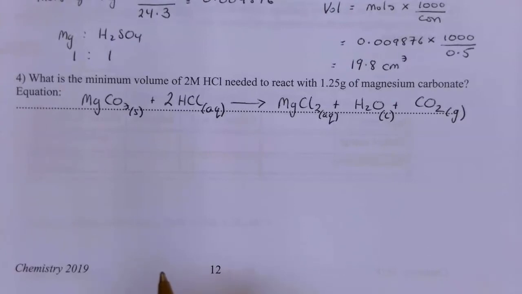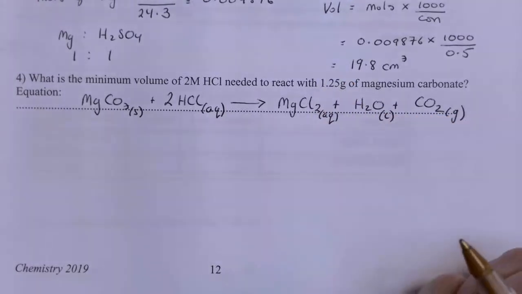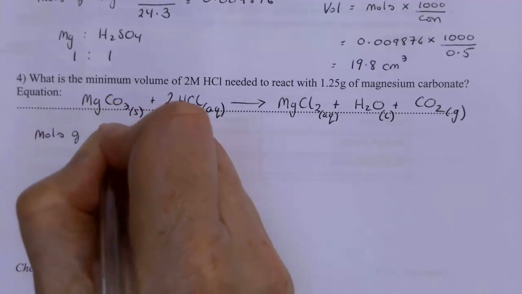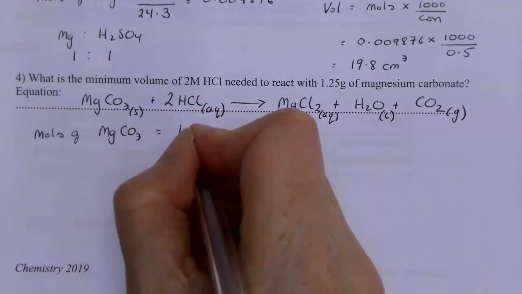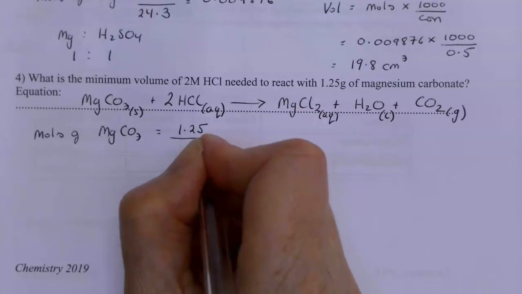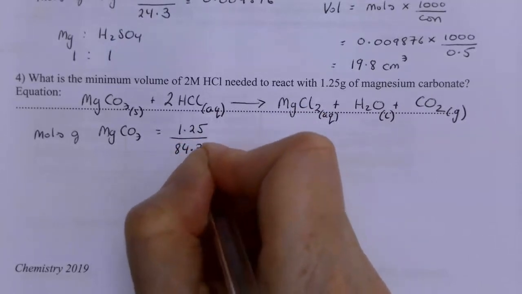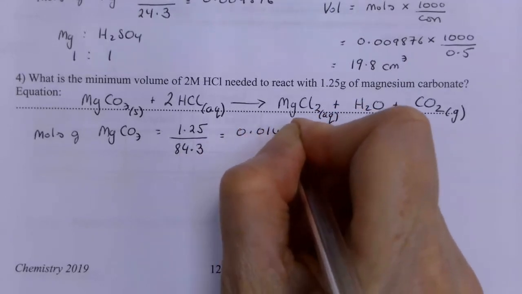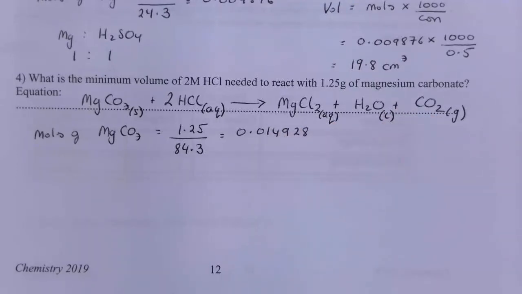Again, I need to work out the number of moles. Well, the only thing I have the number of moles of here is the magnesium carbonate. So moles of magnesium carbonate is equal to its mass, 1.25 over the RMM, which is 84.3, and that gives me 0.014928. Again, I'm probably going to keep that number in my calculator.